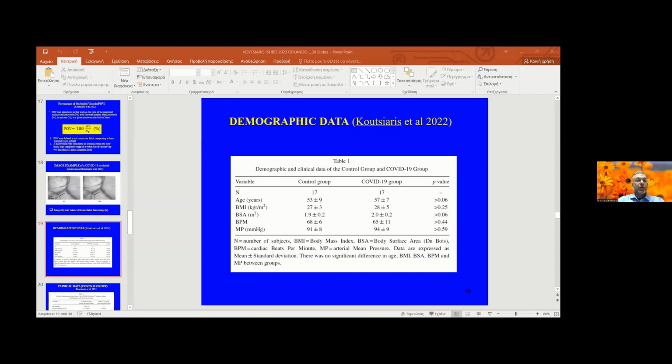So this was one of the first results, and it was qualitative. Using similar results, Koutsiaris et al. 2022 proposed an early and a late capillaroscopic pattern for COVID-19 disease.